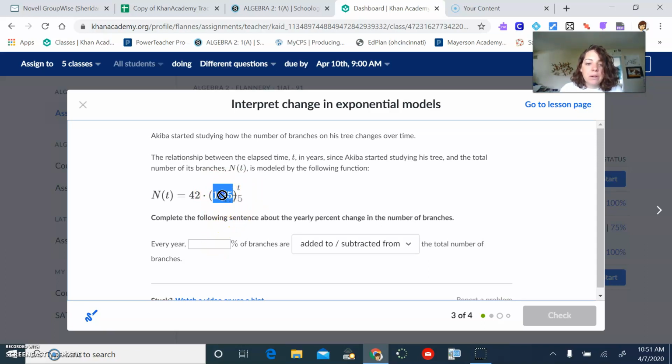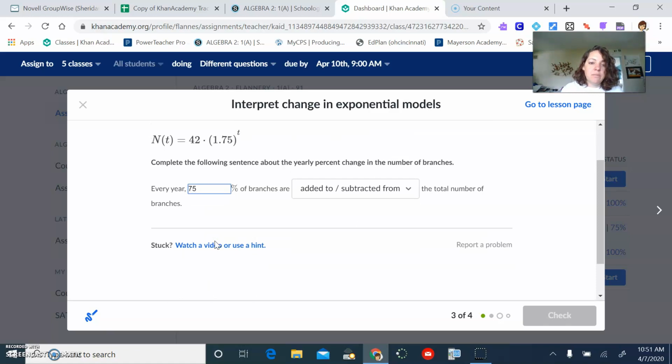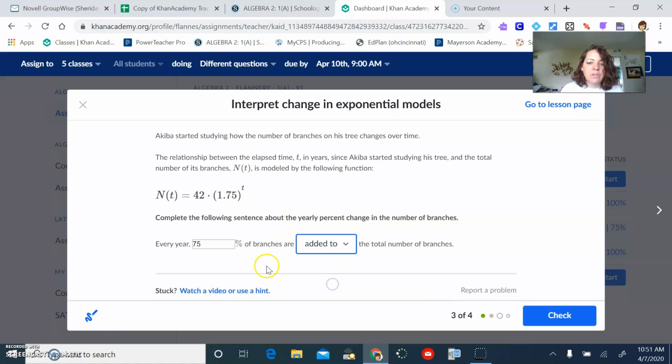And how much bigger than 100% is this? Well, it's 75% bigger. Let's put 75 there. It's 0.75. And it's getting added to. I didn't even read all the words about it, although I should. Make sure. The relationship between time, the number of branches on this tree.